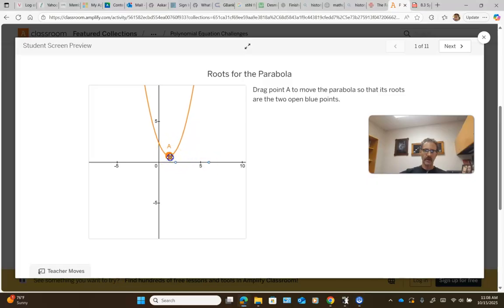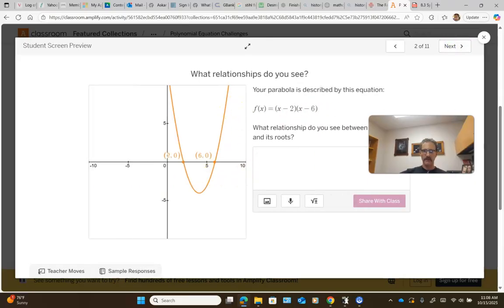So I'm going to grab that parabola and I'm going to move it, and let's see, right up, I'm close, not quite though, right there, okay, right there. And so you can see this parabola has roots of 2 and 6. Or in other words, it has zeros of 2 and 6. Okay? Let's go to the next slide.